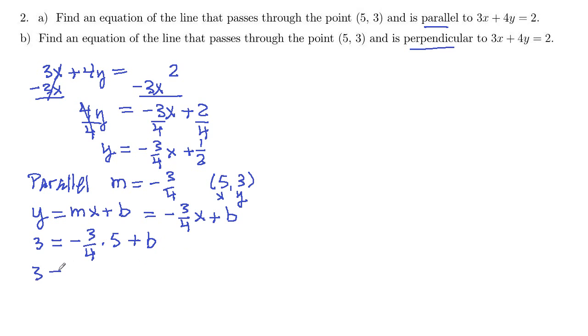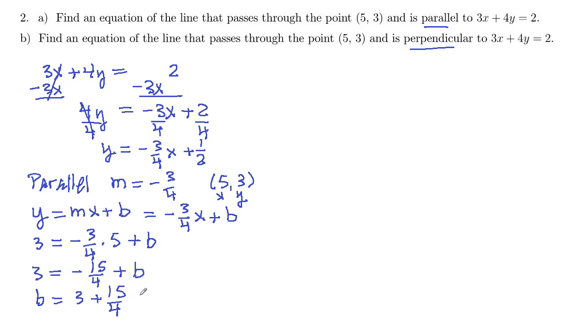So we've got 3 equals negative 15/4 plus b. So then add 15/4 to both sides. This will come over as a positive. So our b is going to be 3 plus 15/4.